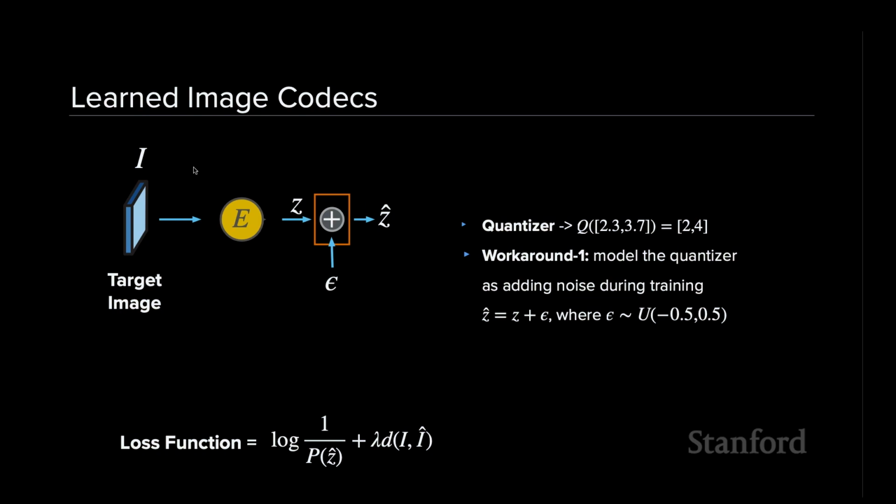So you behave as if this quantization layer didn't even exist. While taking the forward pass, you model it by adding noise. But while taking gradients and updating your parameters, you assume you are not doing anything. And again, this is an assumption. There's no proof to it. It seems to work extremely well empirically. That's what has been observed.